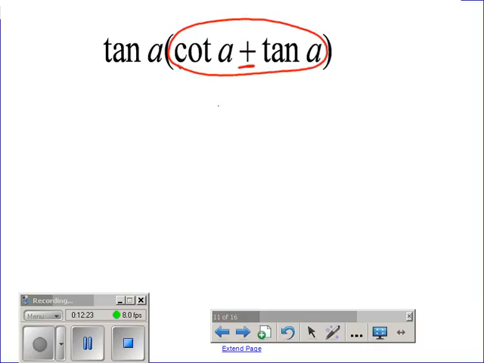Cotangent is going to be cosine A over sine A, and then plus sine A over cosine A. But to add, we have to have common denominators.